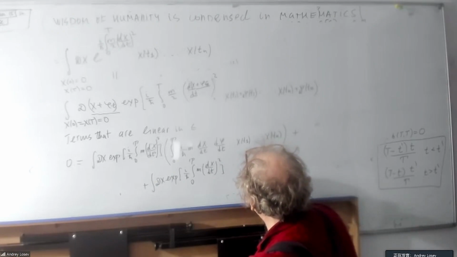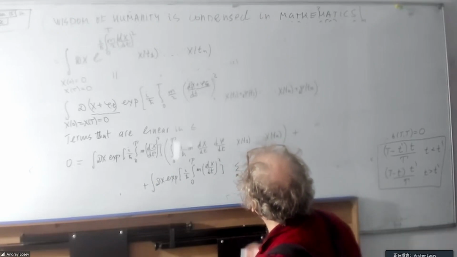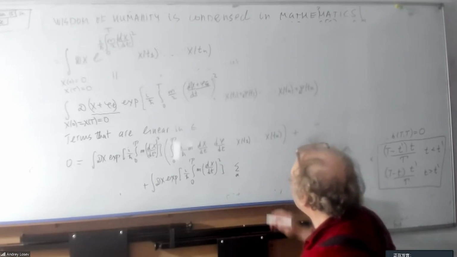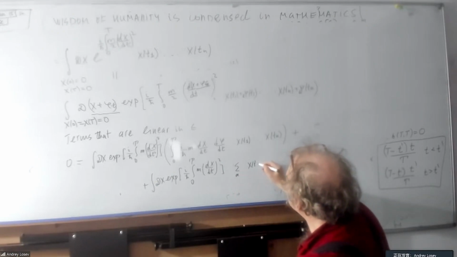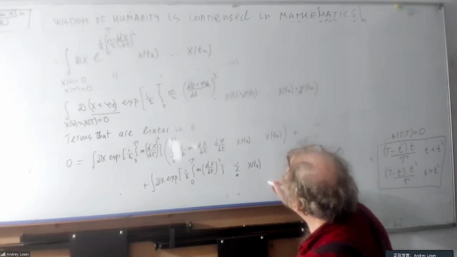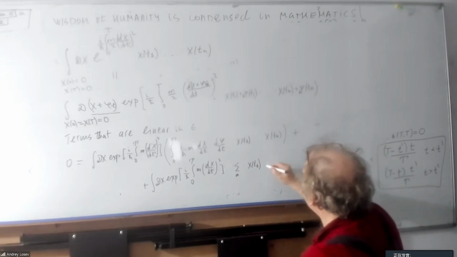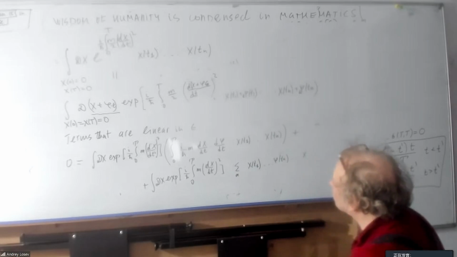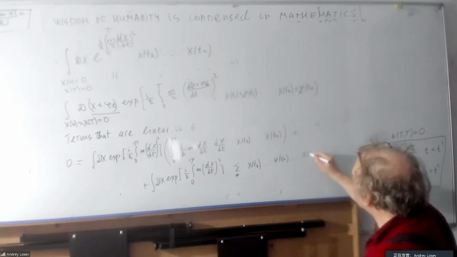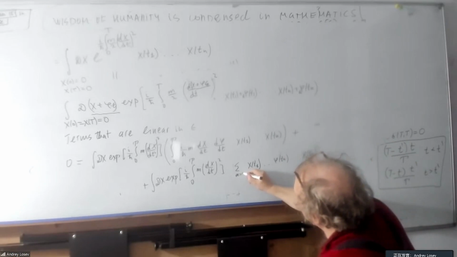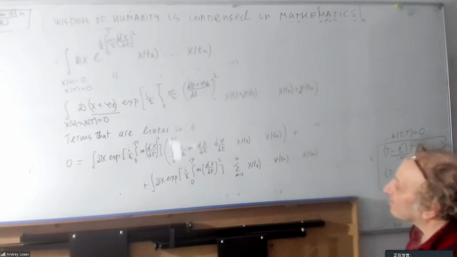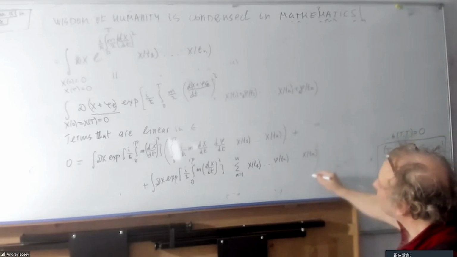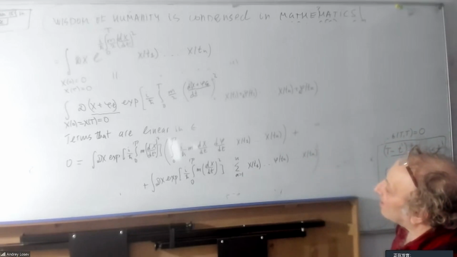And here I have a sum over a of x t1, phi at ta, x tn, where a goes from 1 to n. So this is the Ward identity.